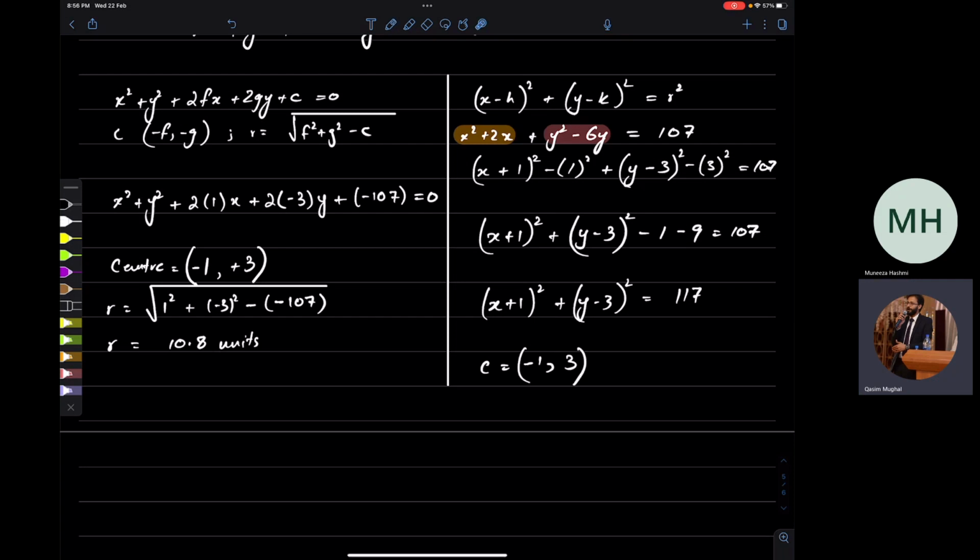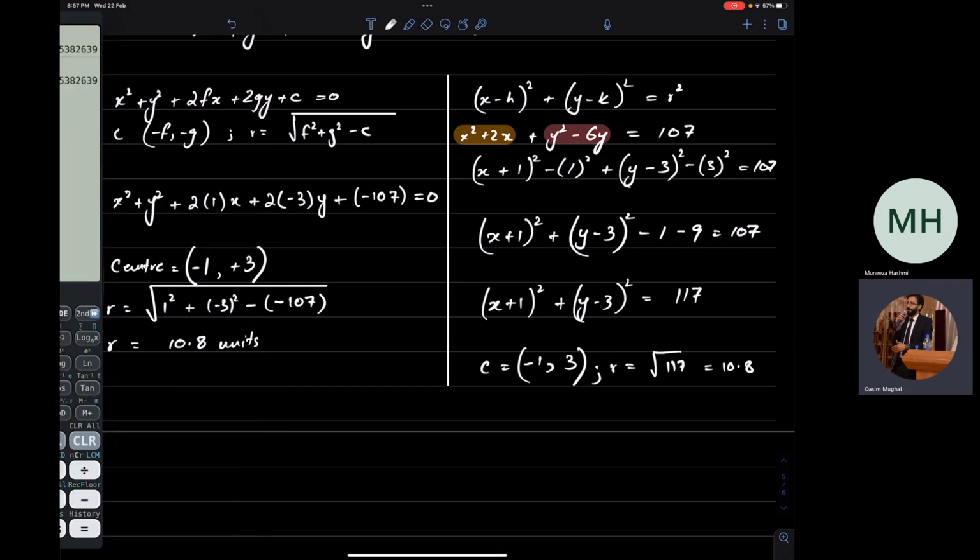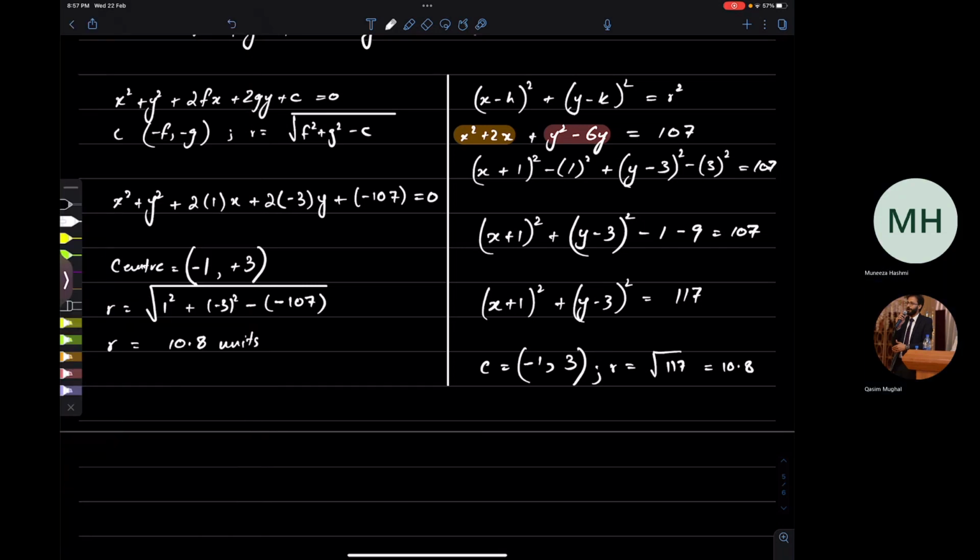Change the signs of both of these, and you will have the coordinates for the center of the circle. And the radius is going to be the root of 117, which would be the same, 10.8 units. Got it? Yes, sir.